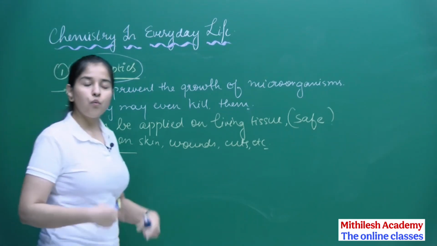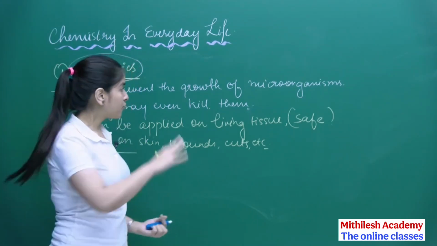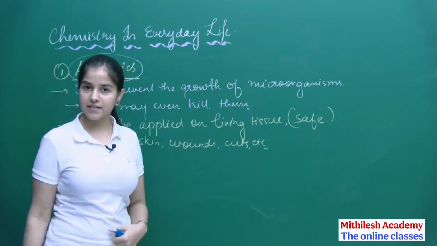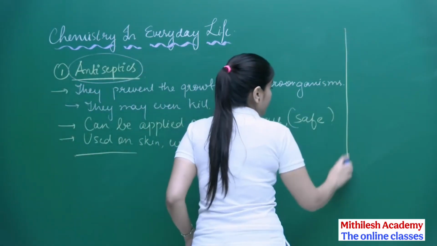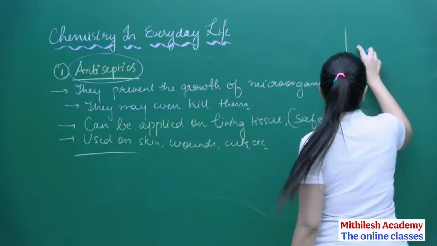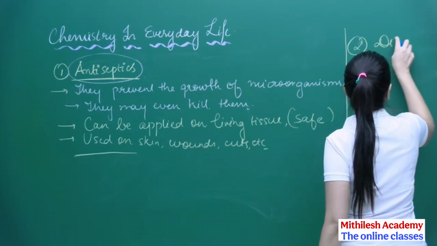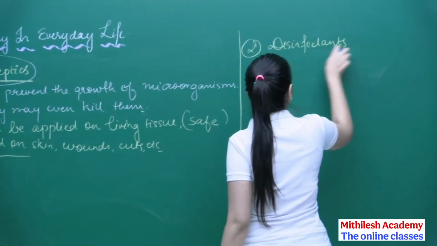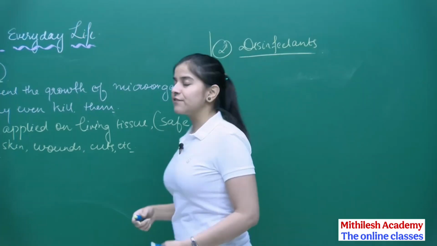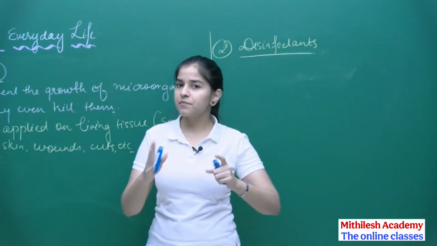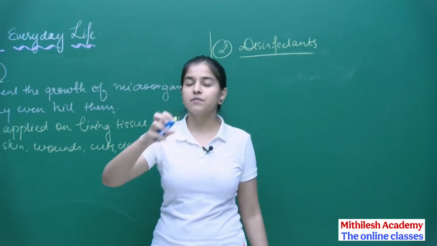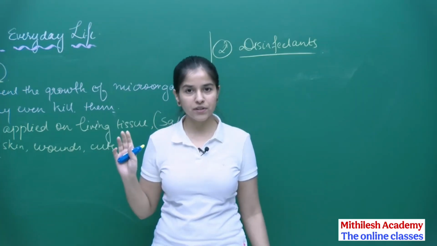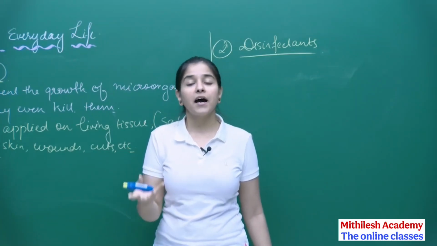While what are disinfectants? Now we are through with the antiseptics. What are now the disinfectants? So I have got another category, disinfectants. Disinfectants can also have a similar kind of composition, similar chemicals present within, but they may be in high concentration.